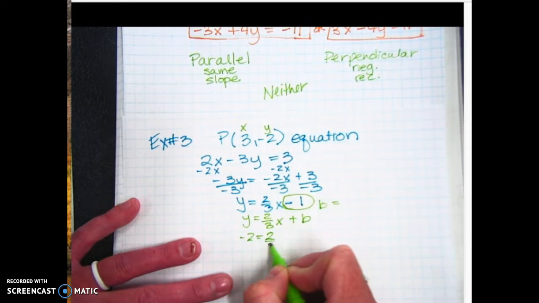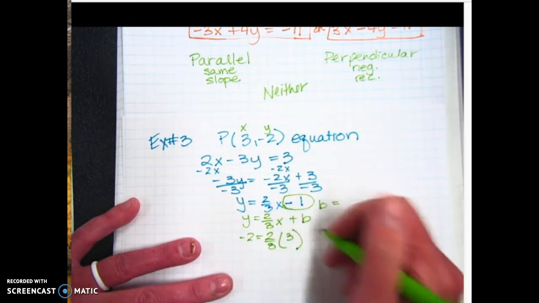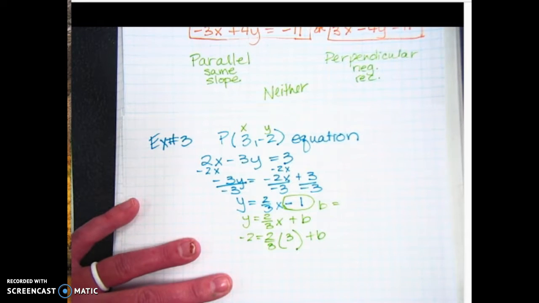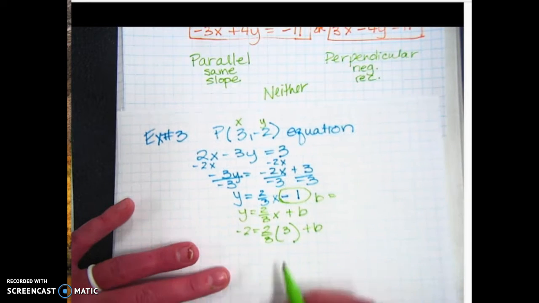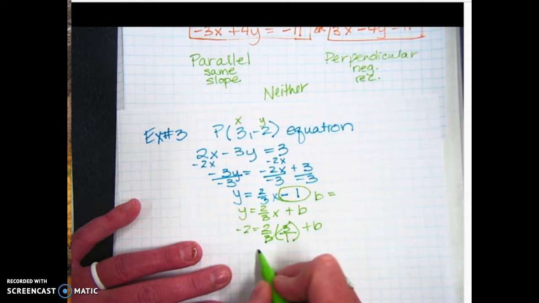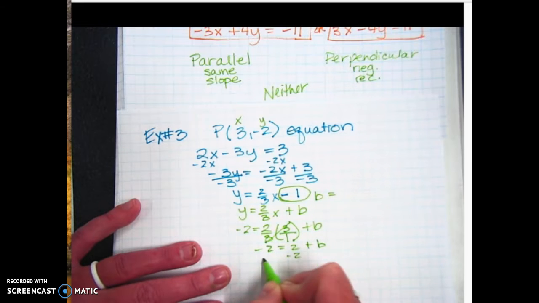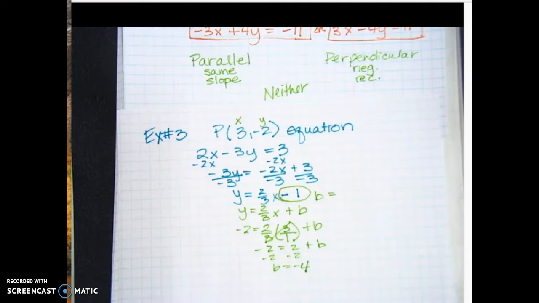We're going to take 2/3 and multiply it by the x, which is 3, and then plus b. Okay? And then from here, we just need to simplify. So if I change that to a fraction, the 3's cancel. I have -2 equals 2 plus b. So subtract 2 more, and we get b equals -4. All right.